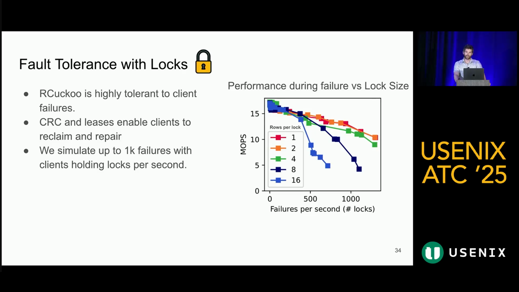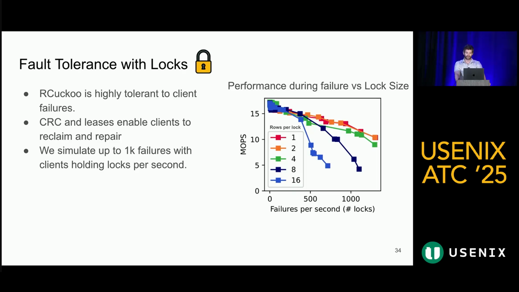I think that potentially the most intellectually stimulating part of this work is the fault tolerance protocol that we put together. The moment that you start working with locks, you run into the situation where clients can fail while holding locks. And if you're using just one-sided RDMA, this is actually a very tricky situation to recover from.